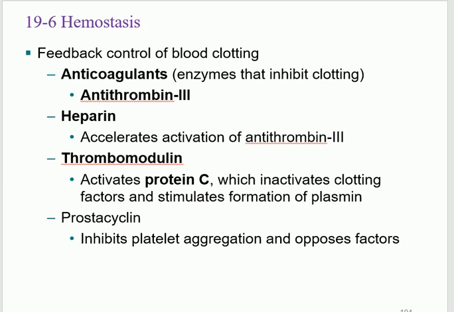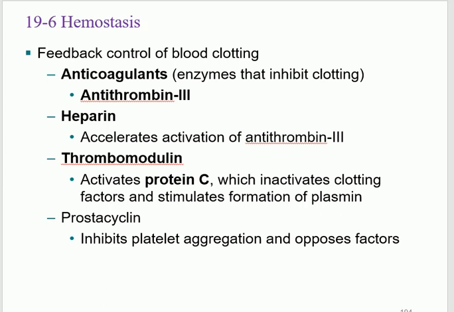Heparin is another thing. Remember the heparin and histamine that we talked about from the basophils? It's an anticoagulant. It just activates the antithrombin 3. Here it is. So we have antithrombin 3. Is that something good? It is good if you don't have an injury.